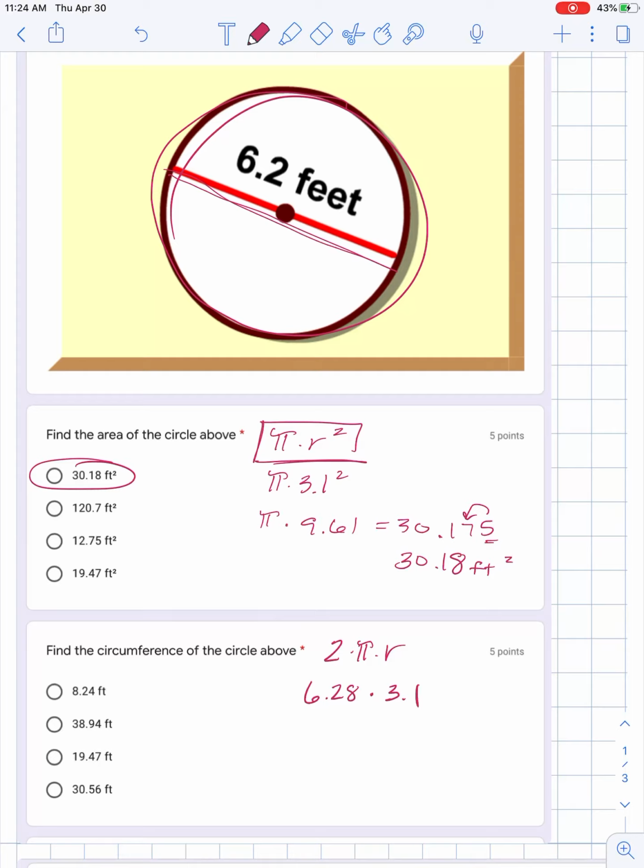So 6.28 times 3.1 equals 19.468. That 8 right there, because it is 5 or more, tells me to round this guy up. So this becomes 19.47 feet, right? And we're not going to square or cube because it's just the distance around, okay?